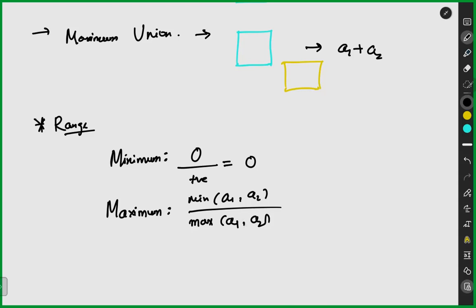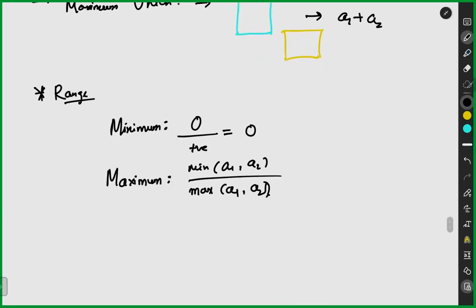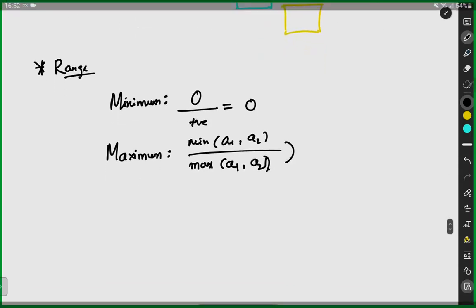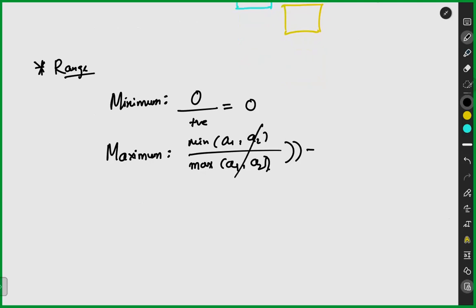As a worst case, what is the worst case that I can get? The worst case is that both will be the same.